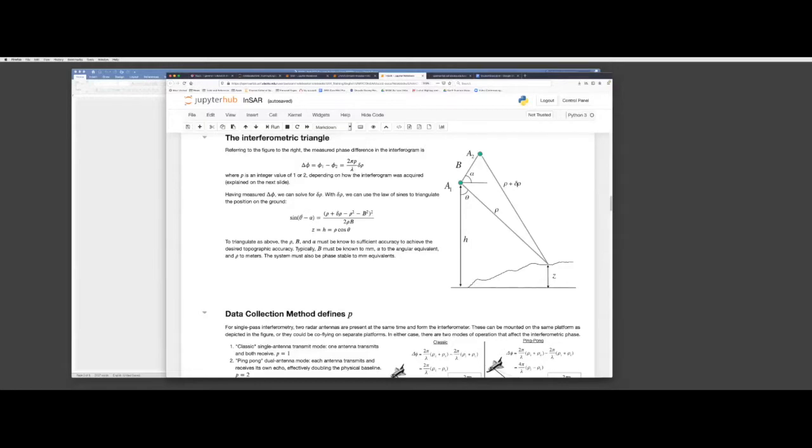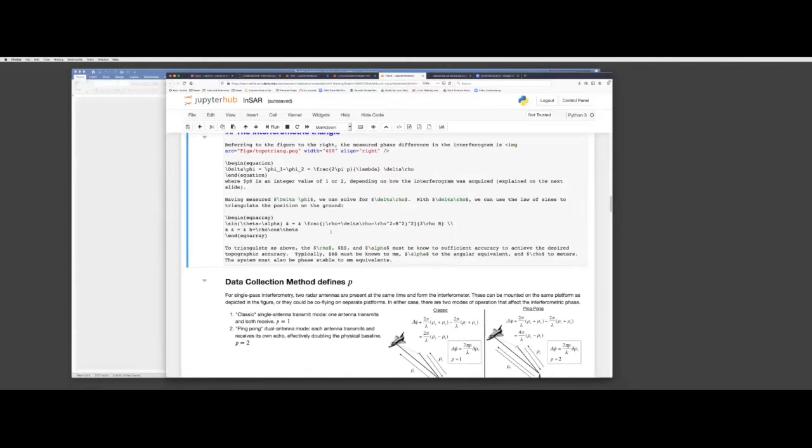We can use that to calculate theta, which is the angle between the vertical and the direction we're pointing. So through this, we can reconstruct the height. That should be a minus, not an equal sign there. I can fix that.